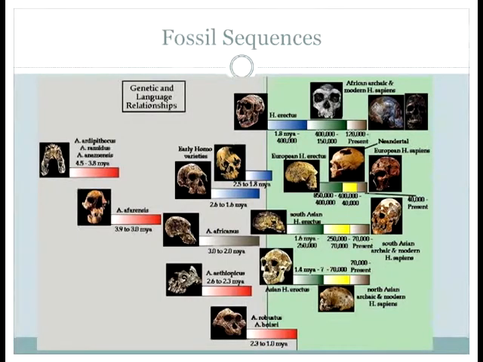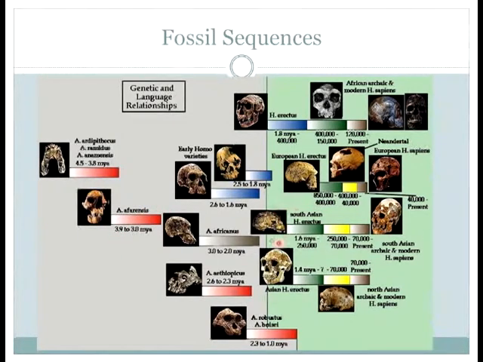Let's get started. Okay, so today we're talking about human fossil sequences. As you can see here in our chart, we have a whole variety of both human and pre-human fossils that have been found and roughly where they show up in the fossil lineage. You can see Australopithecus afarensis, 3.9 to 3 million years ago.